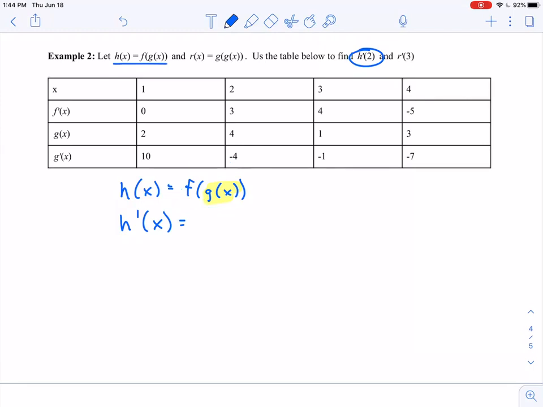So I have a few options. I could fall back on that four-step process and say, okay, u is equal to g of x and so on. But I actually think that's more work than we need to do here.